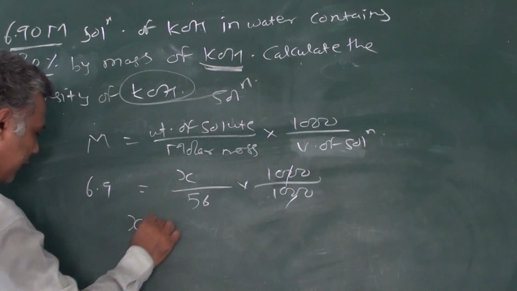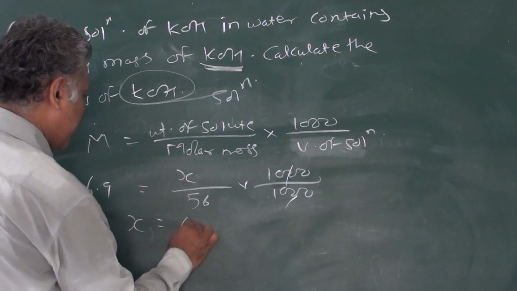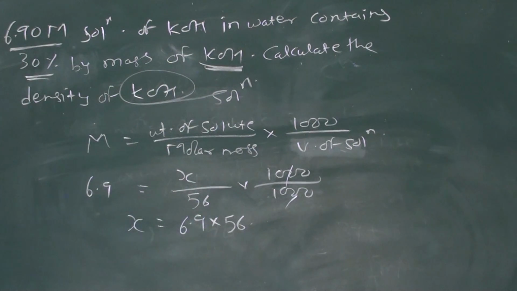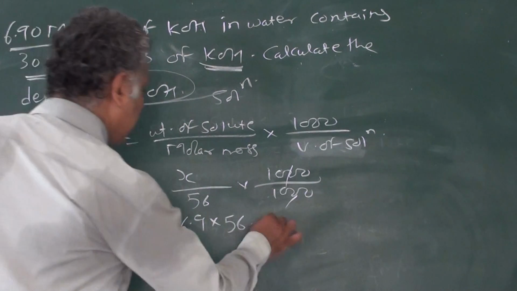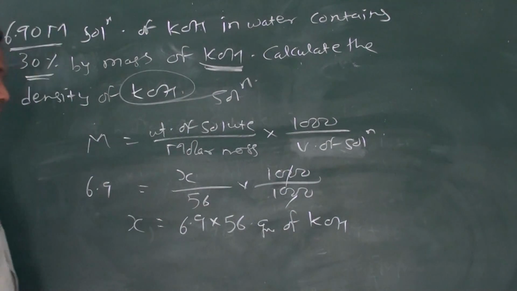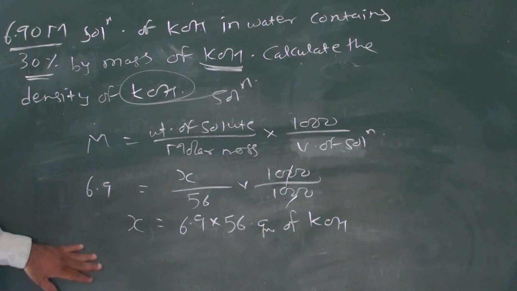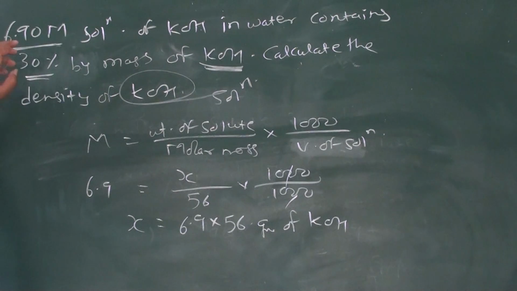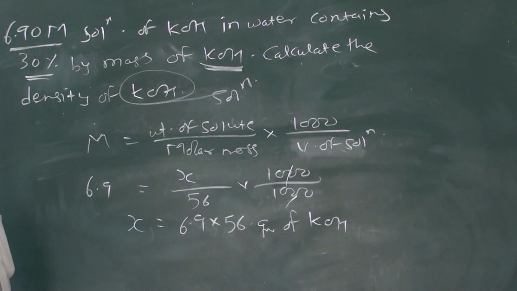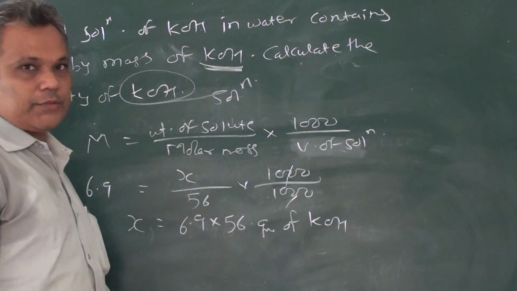So you will be getting the amount of the solute as 6.9 into 56. We will get this much grams of KOH. This is the amount of KOH in the solution. Using this, if I am having 1 liter of solution, it is containing this much.